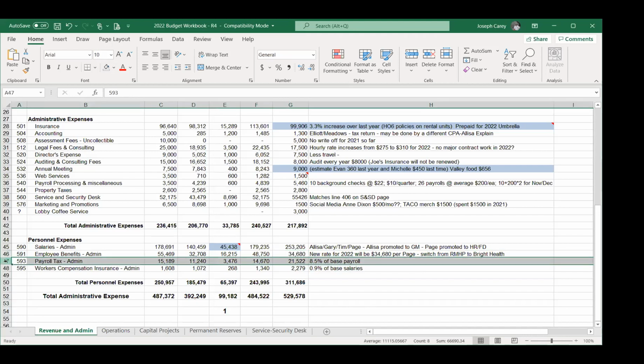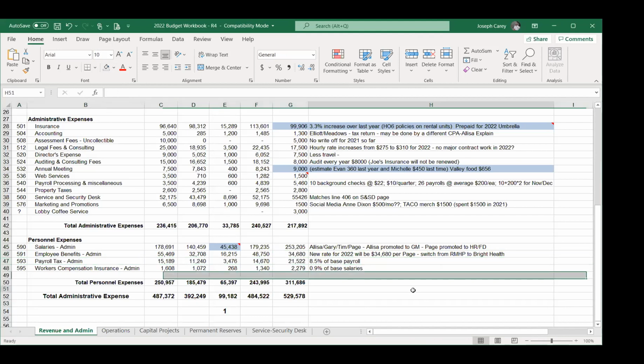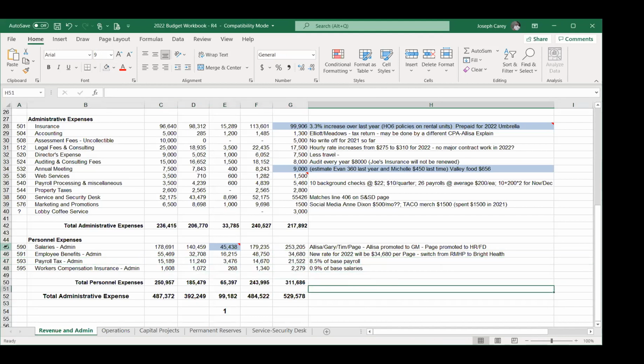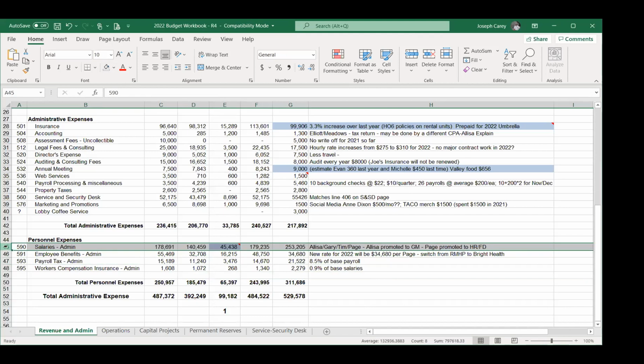Payroll tax. Let me go back to salaries admin. If I look at the year-to-date and the estimated November, December, that is not the same as the total estimated for 2021.